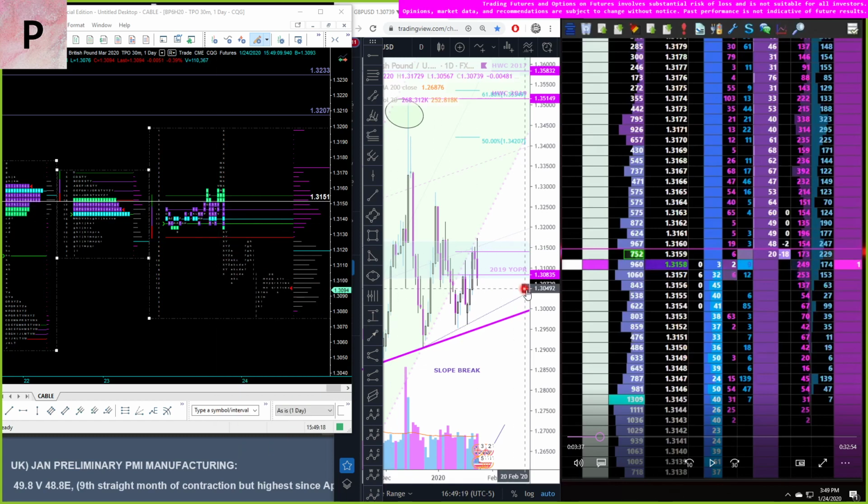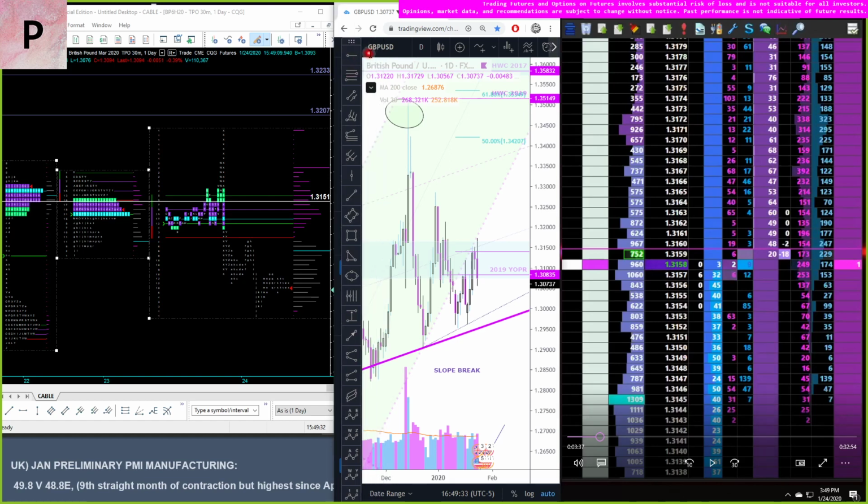So you'll notice first and foremost that the actual price of the future is different from the price of the Forex pair. So here we have the Forex pair, GBP USD, and that is the pound dollar.